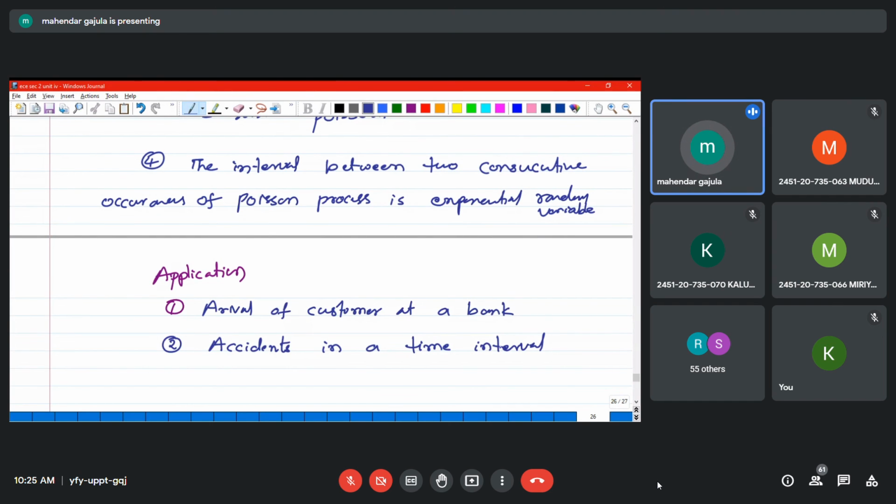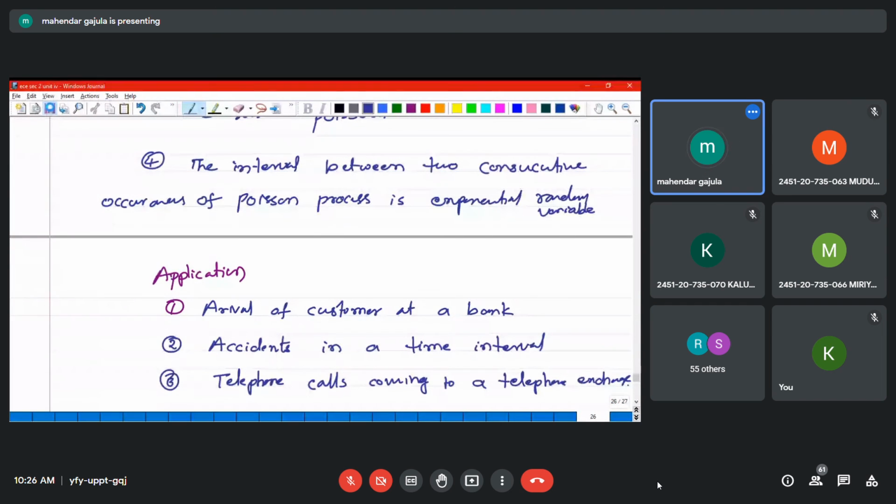If you consider the time interval in the morning 3 to 6 on the highways, the accidents follow this Poisson distribution. And telephone calls are also rare. Telephone calls coming to a telephone exchange. So this is about Poisson process.